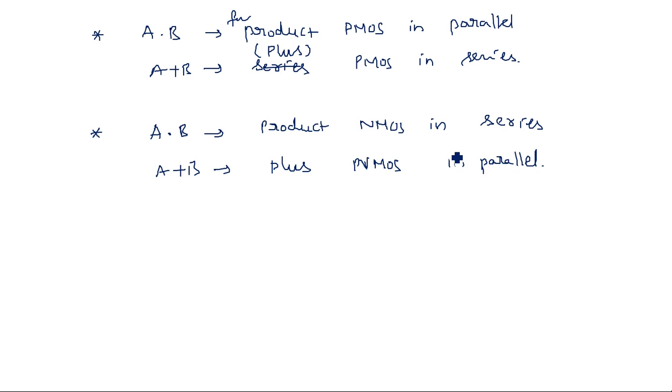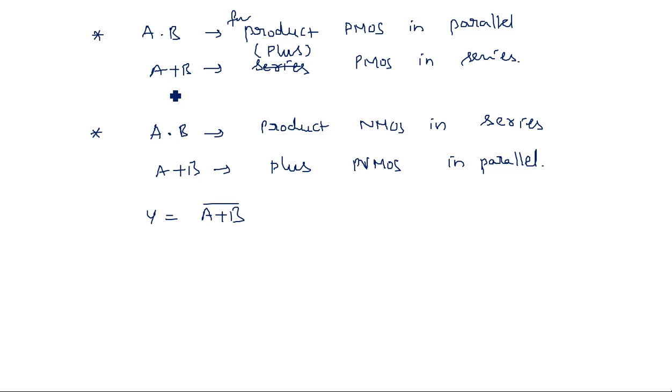Now what is our design? Y is equal to A plus B whole bar, a 2 input NOR gate. Y is equal to A plus B whole bar means we first construct the circuit for A plus B, but due to the complementing action of the basic nature of CMOS, the output is a NOR gate.